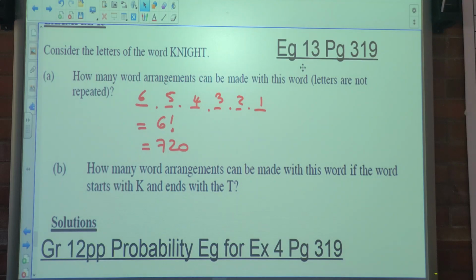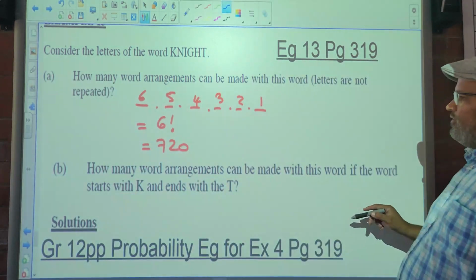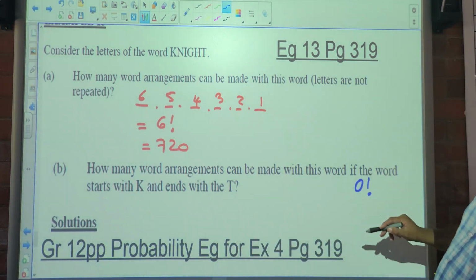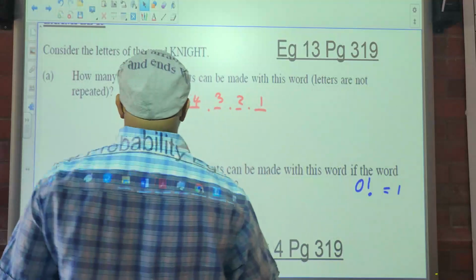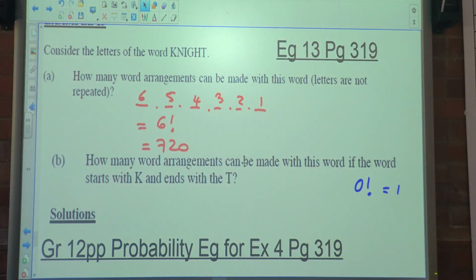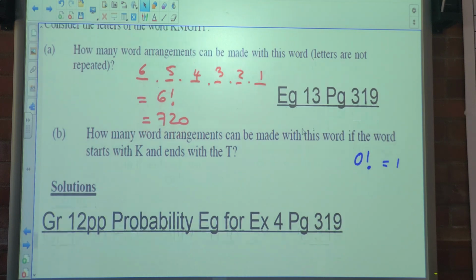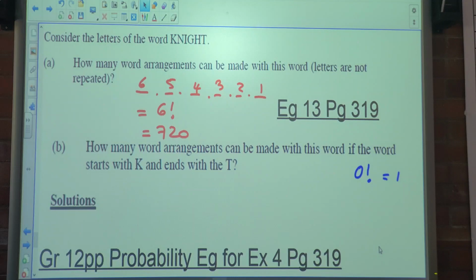Remember when we wrote down these rules, when we introduced factorial, what did we say 0 factorial was? 1. You can test it as well. It is 1. So the question says, remember we're using the word knight. How many word arrangements can be made with the word if the word starts with a K and ends with a T?